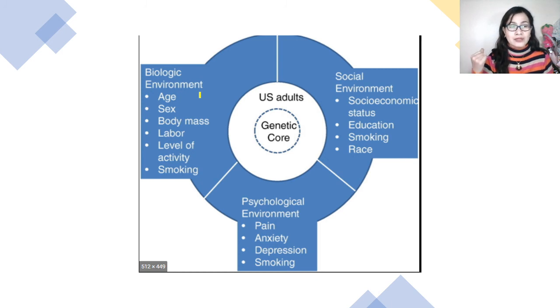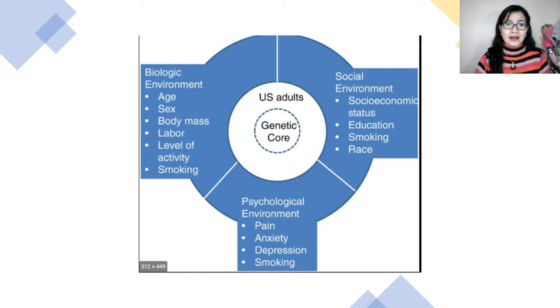The older the parents are, especially the mother, and if Down syndrome runs in the family, then there is a greater possibility that they can have a child with Down syndrome. So other factors can also affect, such as socioeconomic status, anxiety, and so on.